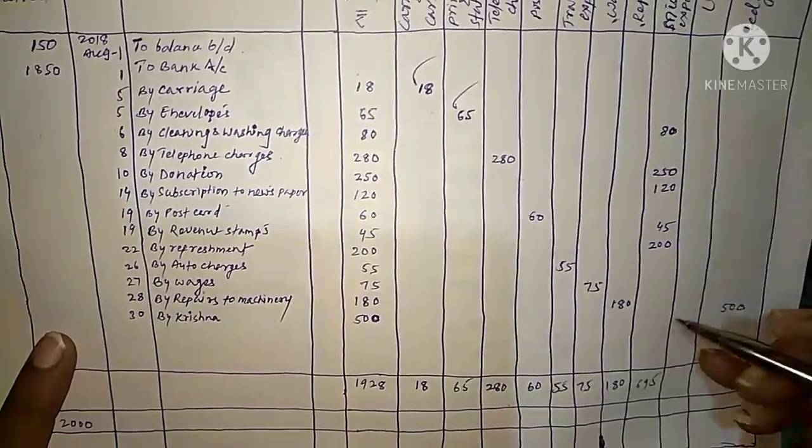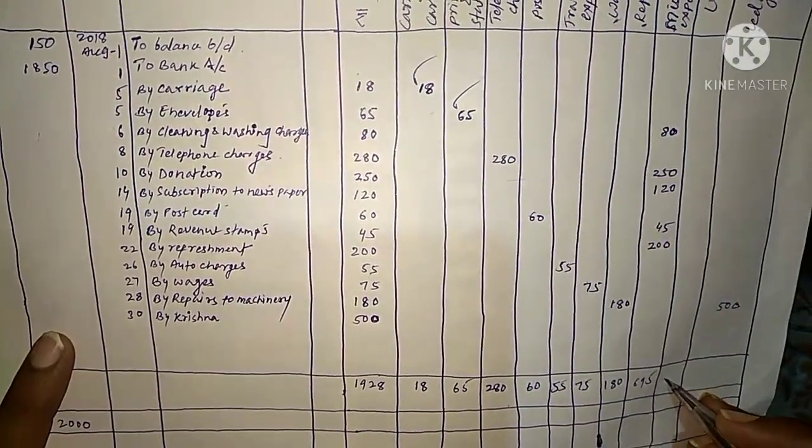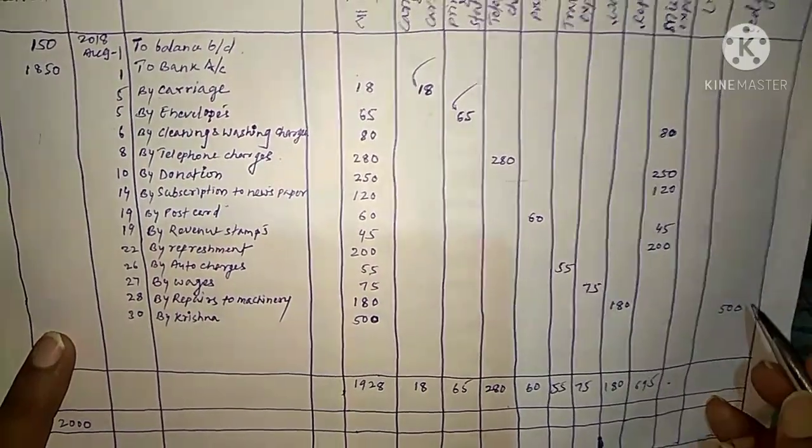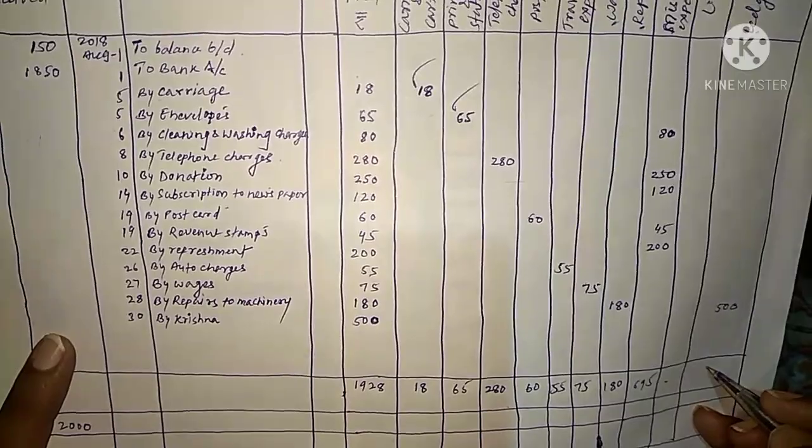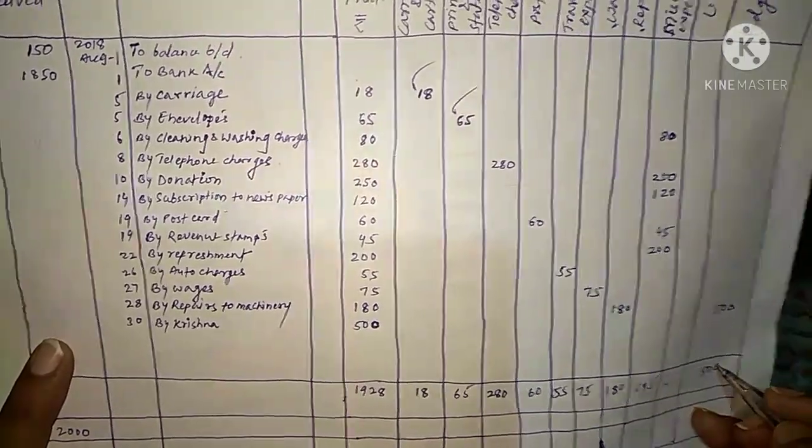So 695 total will come. In LF we have to put a dash, and 500 here, total amount will come 500.